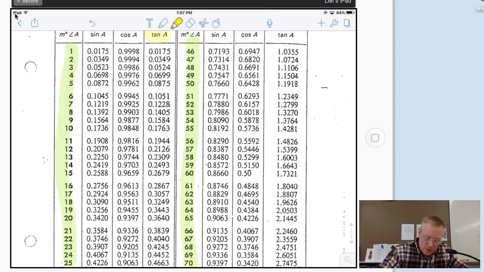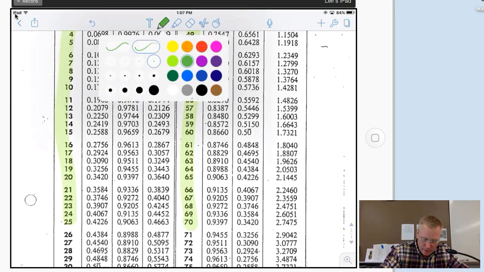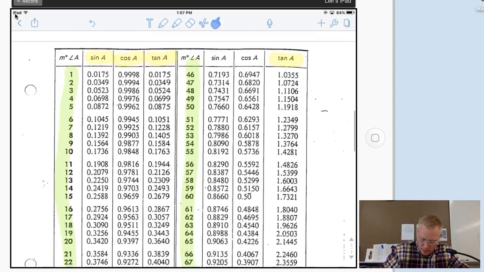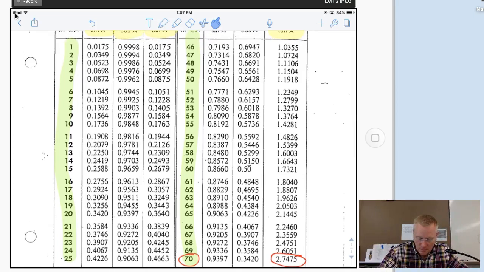There's 3 columns. Here's sine, cosine, tangent, and I'm looking for tangent of 70. So if I scroll down, you'll see I find 70 is here, and the tangent is this 3rd column, which means that's the number I'm looking for right there, the 2.7475.